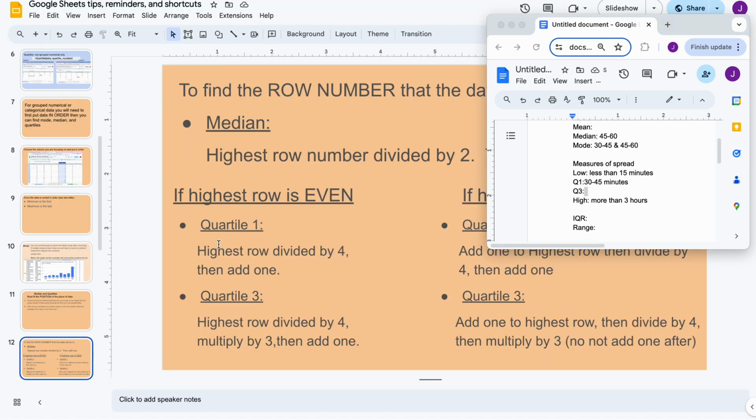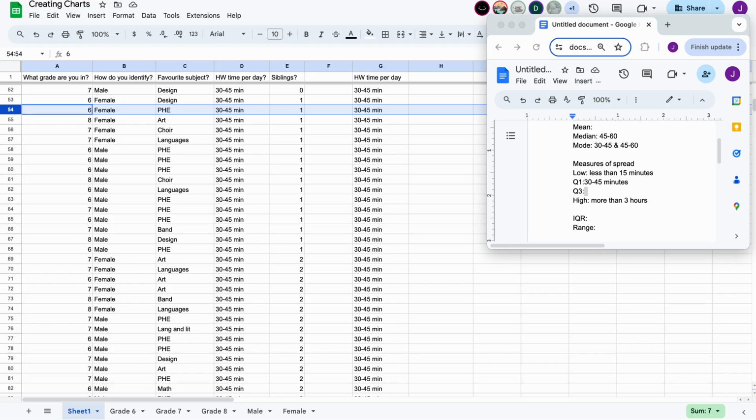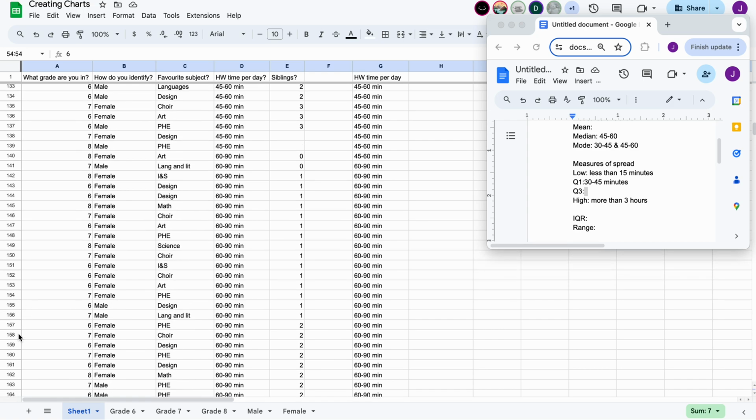Q3, let's go back to our tips and tricks. Highest row divided by 4, multiply by 3, then add 1. We already said divided by 4 is 53. I'm going to multiply that by 3, 159, and then add 1. The 160th is my Q3.